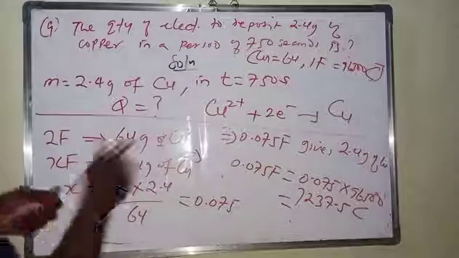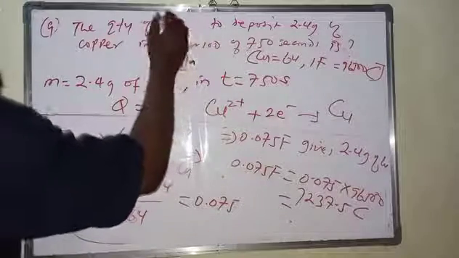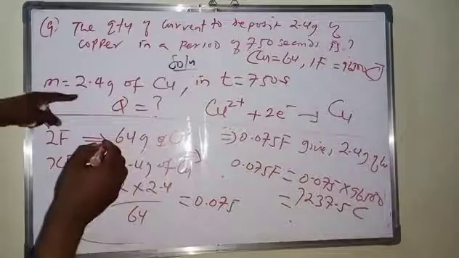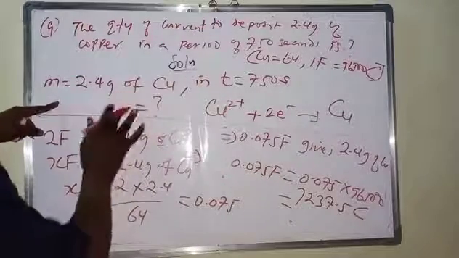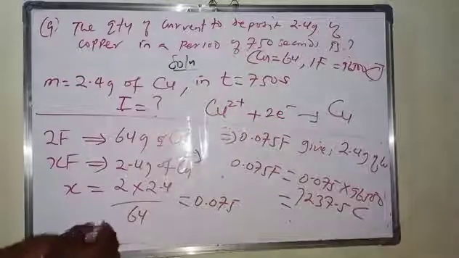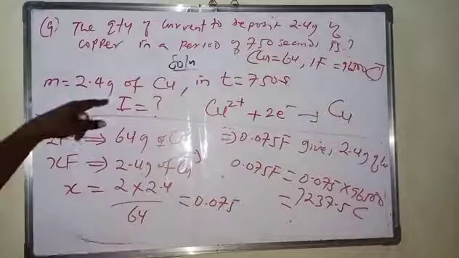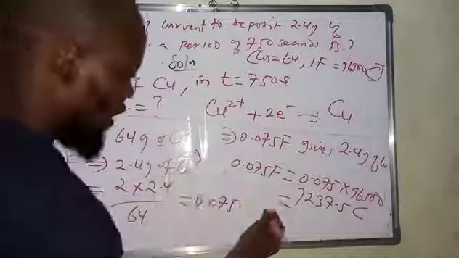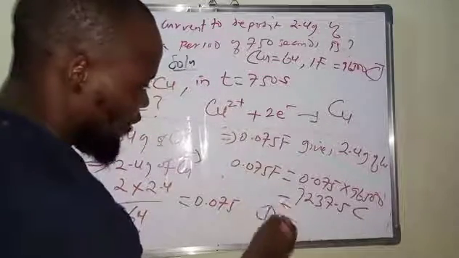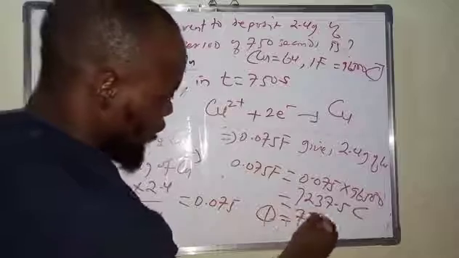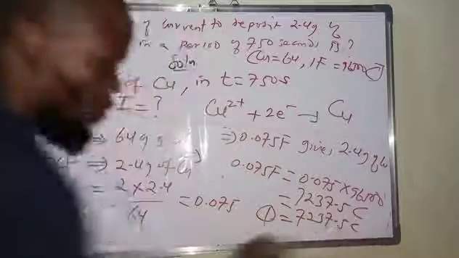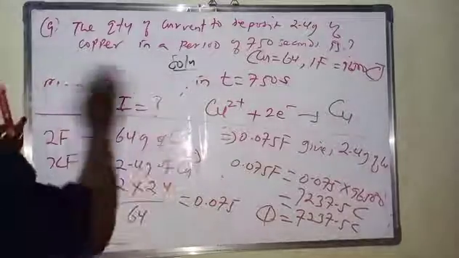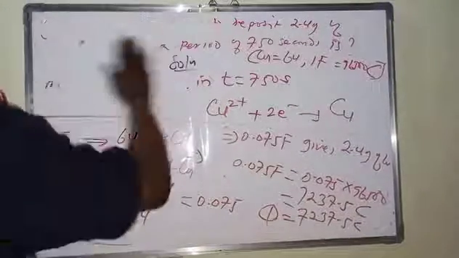So it means we're actually looking for the current itself, not just Q. But before we can do that, we need to know Q. What we have gotten here is Q, the quantity of electricity required, 7237.5 coulomb.